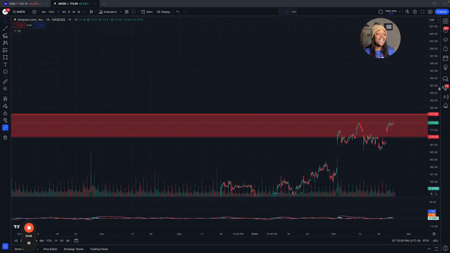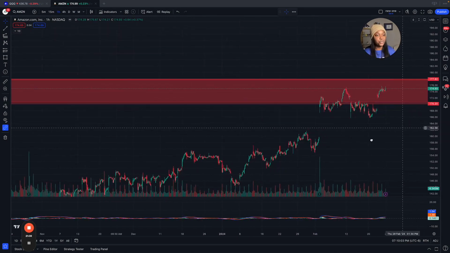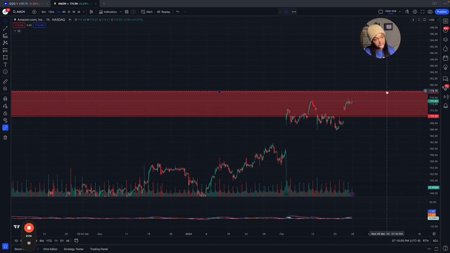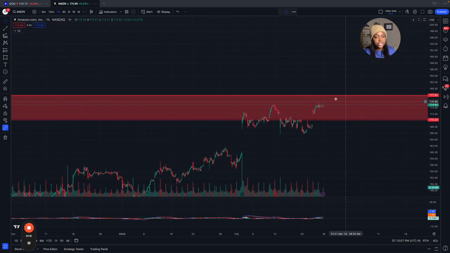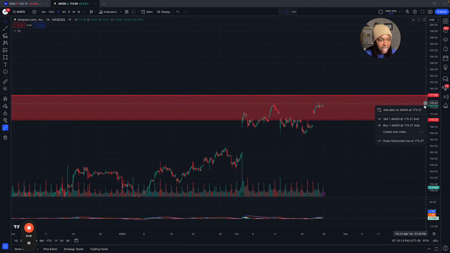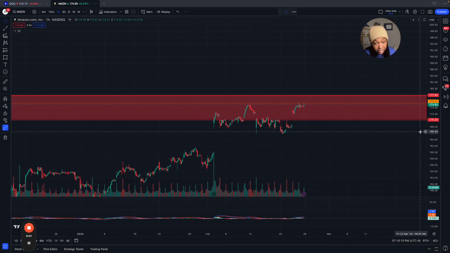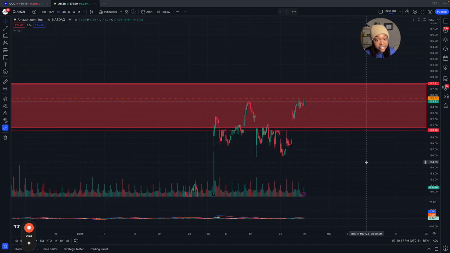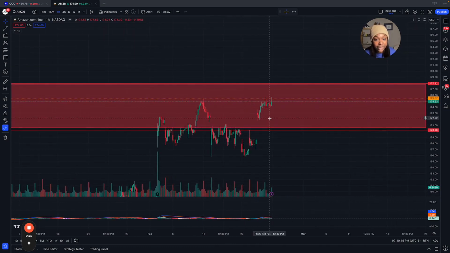Now, I like for price to pull back. I never want it to just open and then go. All right. Now, we do have these highs right in here at about 175 with this gap down below. I would like to see price pull back down towards the 172, where we have this resistance and then previous resistance that turned into support.